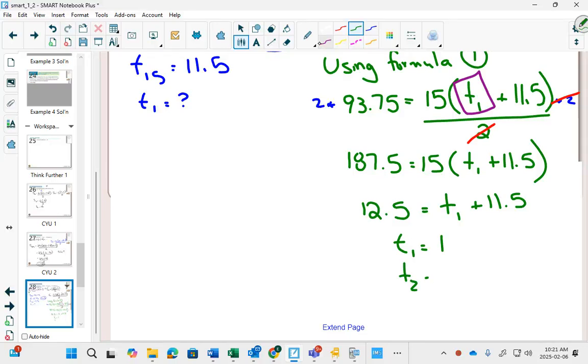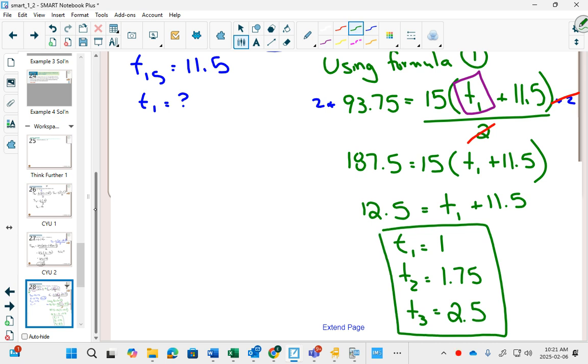Therefore, term 2, if d was 0.75, term 2 would be 1.75, and term 3, add 0.75 again, would be 2.5.